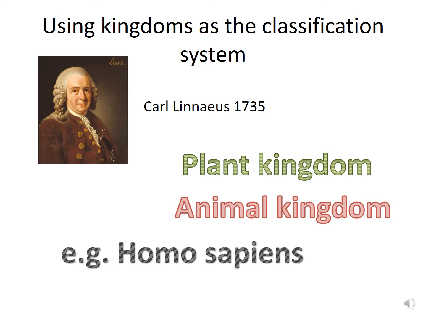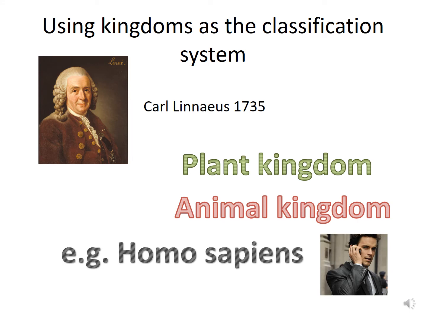The binomial system divided the plant and animal kingdom into smaller and smaller subcategories according to their similarities. The smallest category was described using 2 words, and the first word is genus, Homo. Homo is a genus, and sapiens is the species name. So when you put those 2 things together, that's the binomial name for modern man, pictured here on the right.